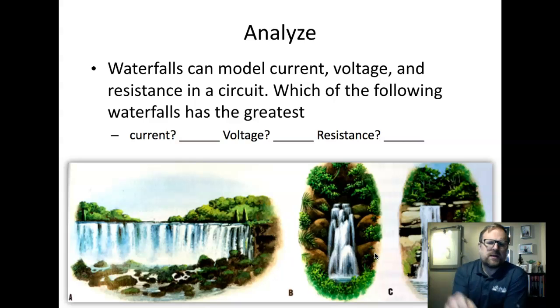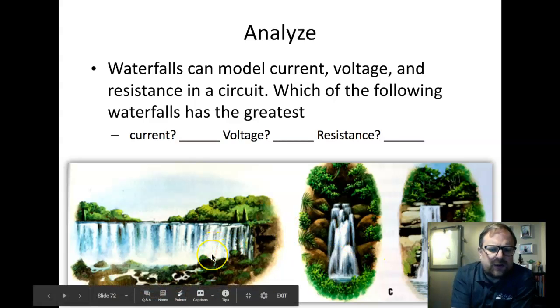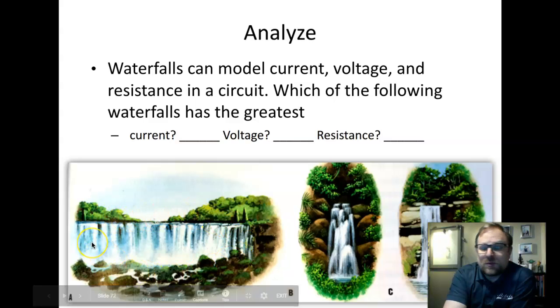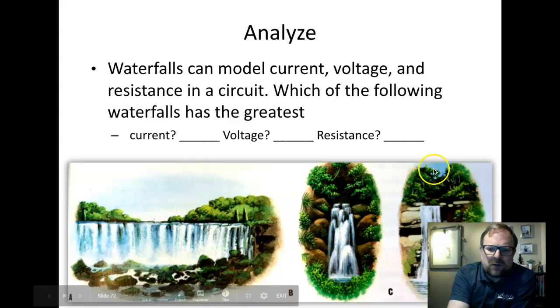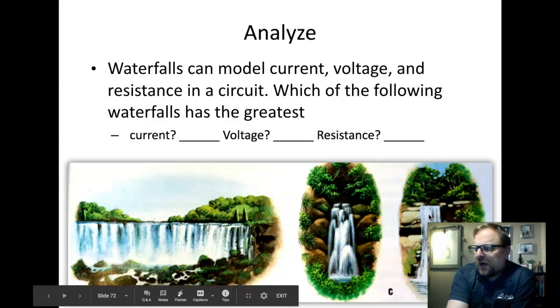Okay, so we can look at this diagram as well and start to analyze it based on voltage too. On the left-hand side, we've got a whole lot of water moving through, so we'd say it has a fair amount of current, but it doesn't look terribly tall. If we compare, the bottoms are all on the same line here. This one appears taller and this one appears taller, so I'd say these ones would have greater voltage, but definitely a lower current here.